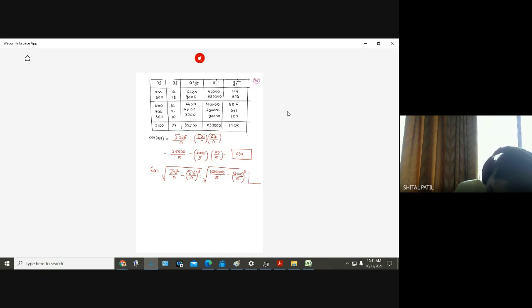How much is sigma x? Find these two numbers.